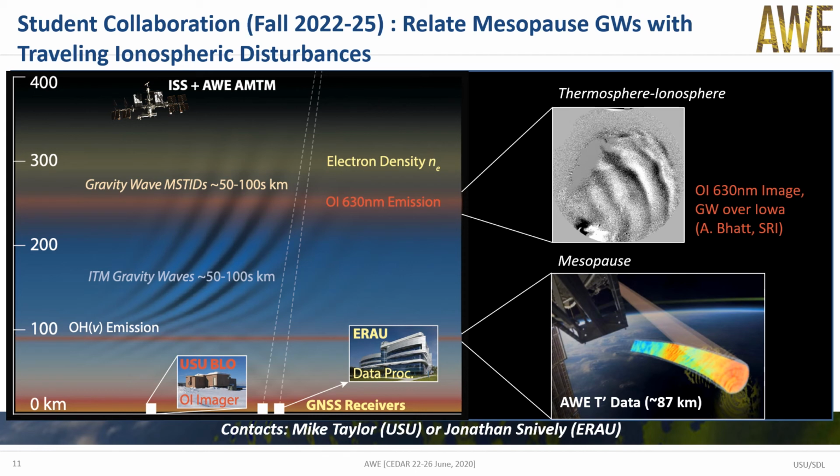A second camera will detect these waves in the thermospheric red line emission at 250 kilometers altitude if they are present. At Embry-Riddle, students will use ground-based GPS TEC to investigate ionospheric signatures of the potential TID over Utah and to the greater USA. Using our models, the students will study the connectivity between these two regions.